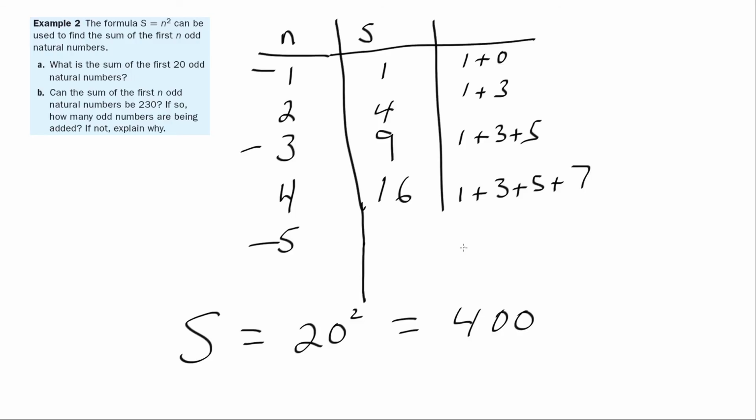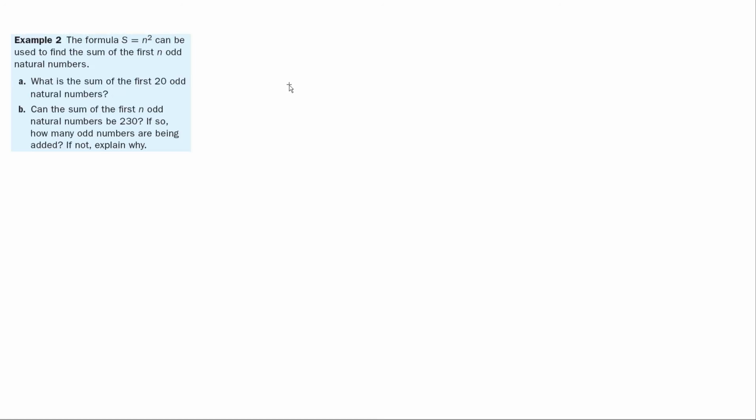Okay, so this is asking us for, let me grab something here. So this is saying, can 230 equal n squared? And if so, how many odd numbers are being added? If not, explain why.